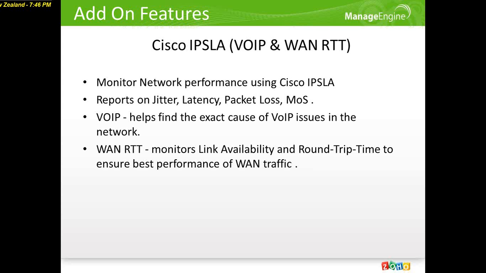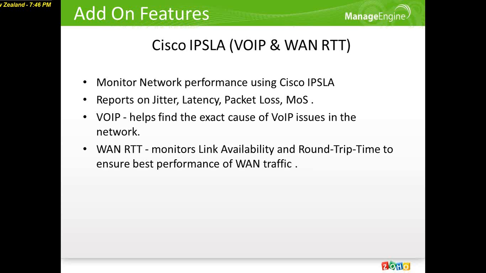If you are creating a VoIP monitor in NetFlow Analyzer, the source router will send a simulated UDP packet between source and destination through the path and find out the jitter, latency, and packet loss. And the same happens in WAN RTT.